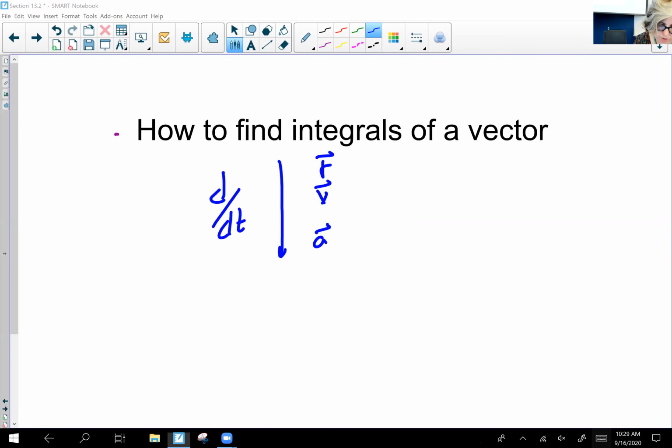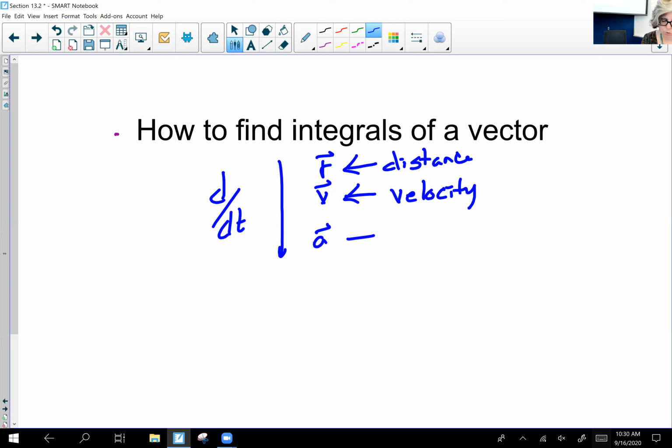Let me talk this through. If we're given an R, and that's actually part of our notation, this is our what vector? We can think of this as our distance. When we take the derivative with respect to t, we then get our velocity vector.